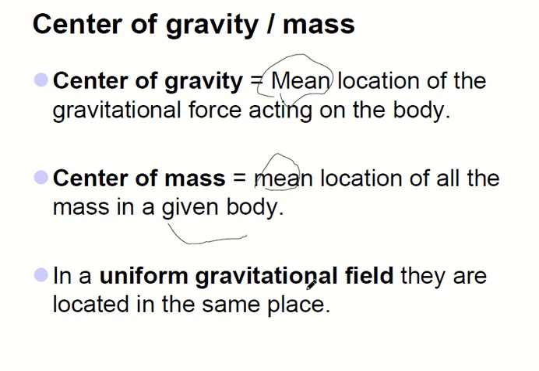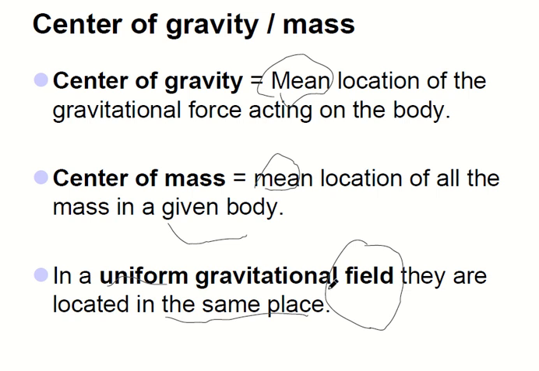In a uniform gravitational field, they are located in the same place. Why? Because it's a uniform gravitational field. A field, we usually use this word to describe where this gravitational force is acting on the body.